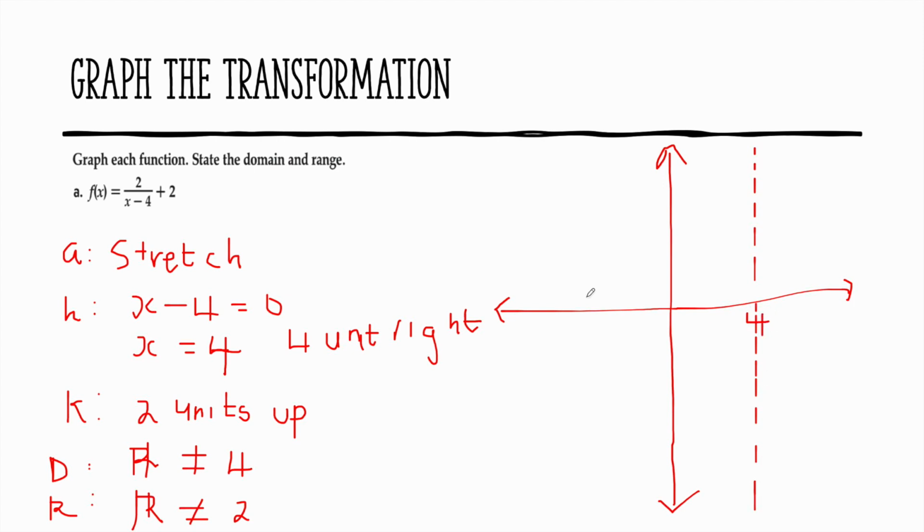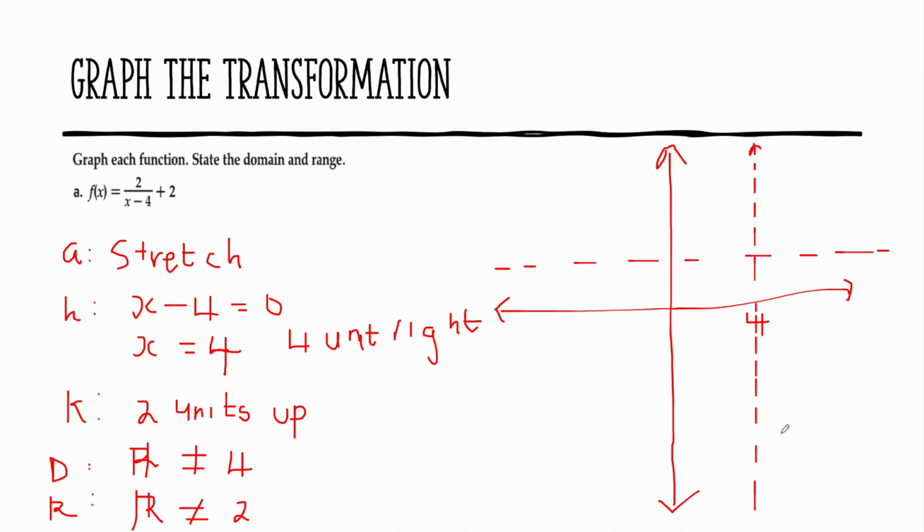And then my horizontal is 2. So 2 is here. Okay, so you can see that the Cartesian plane moved 2 units up, this moved 2 units up, and this moved 4 units to the other side.